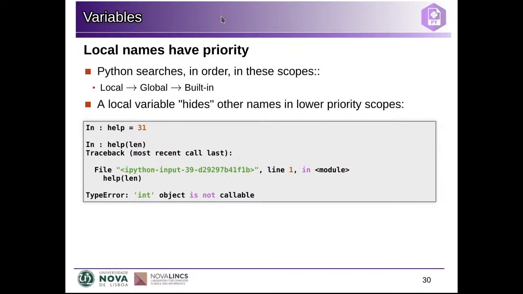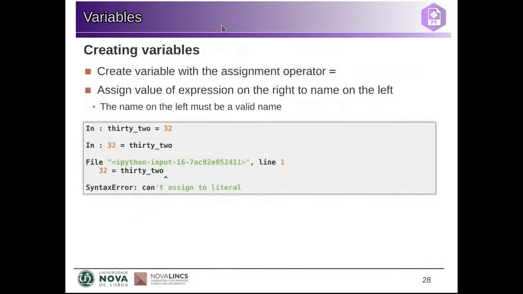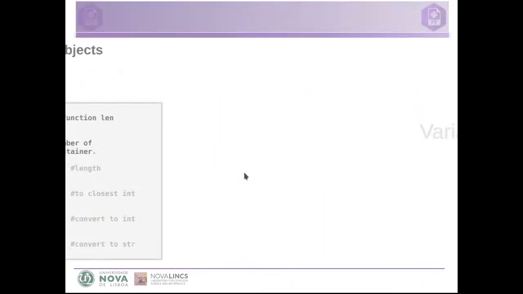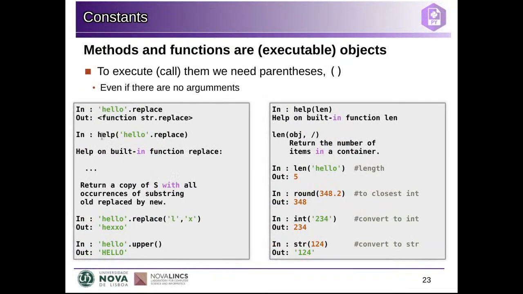So for example, we saw here previously the help function that you can use to obtain help for some object. So if you call help, Python always understands what this means because there is a built-in function called help that Python will use.